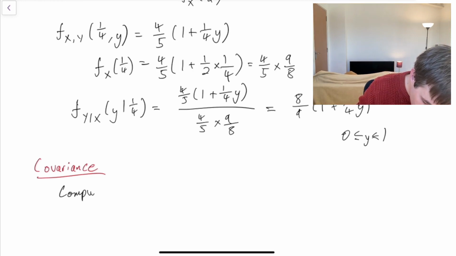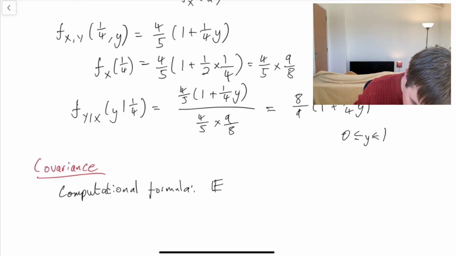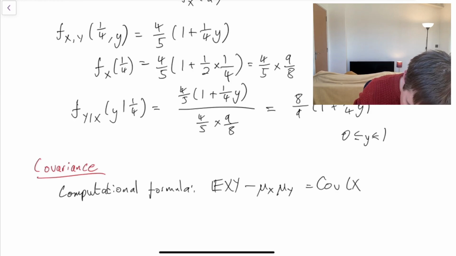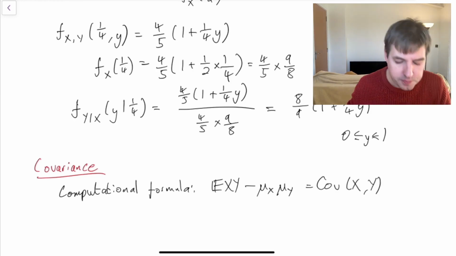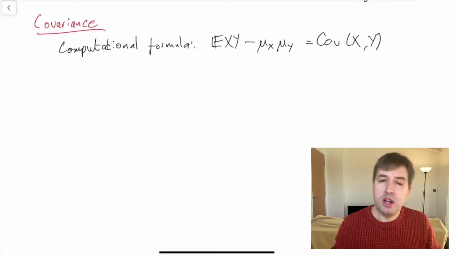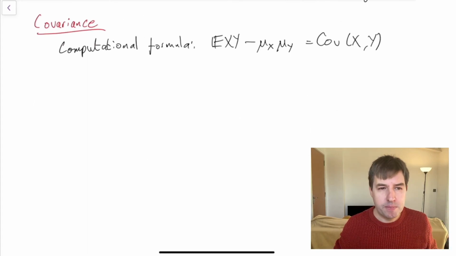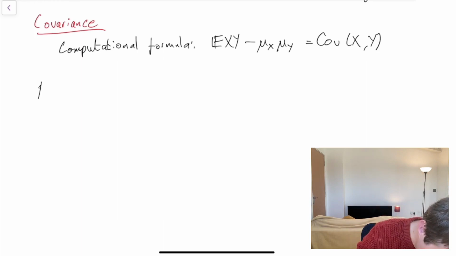So remember that the computational formula is that the covariance of x and y is the expected value of xy minus mu x mu y. So we need to find the expected value of xy, we need to find mu x, the expected value of x, and mu y, the expected value of y. So I'm going to start by finding mu x, the expected value of x.